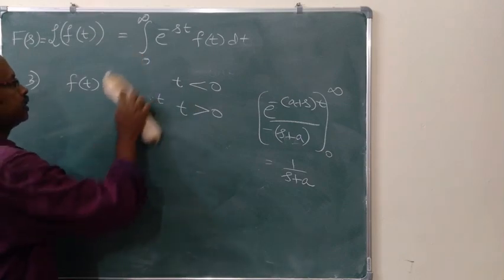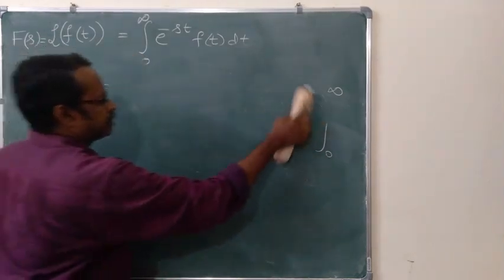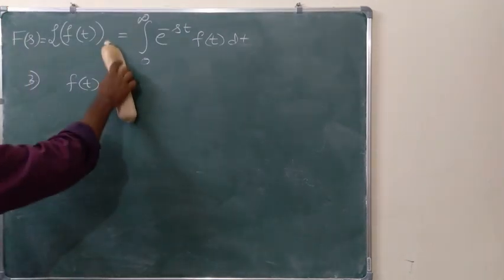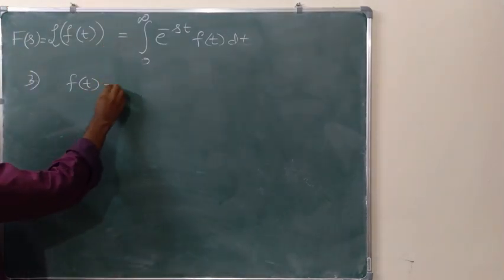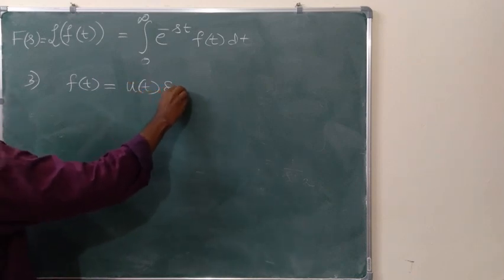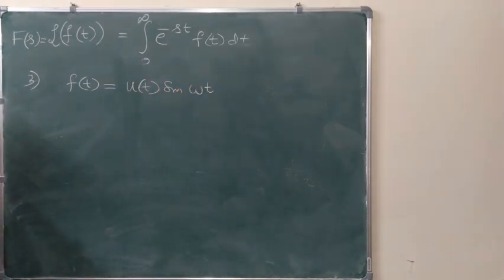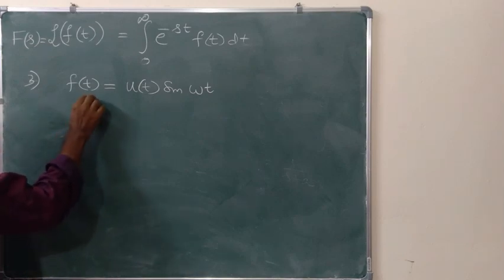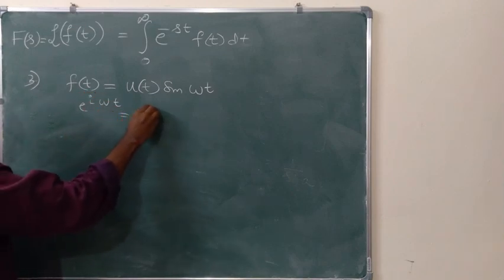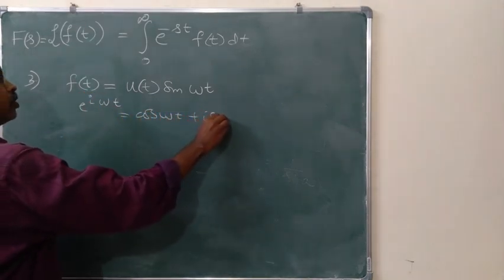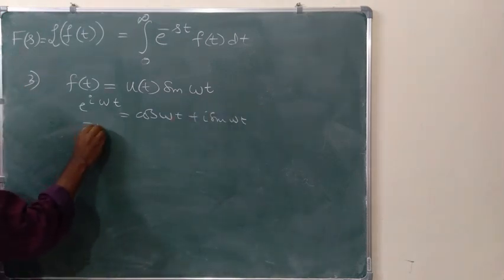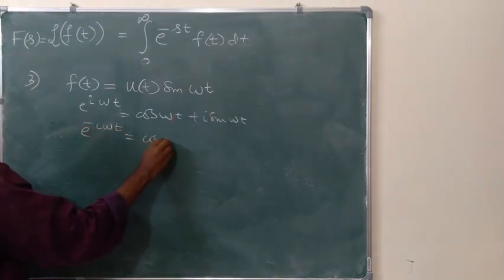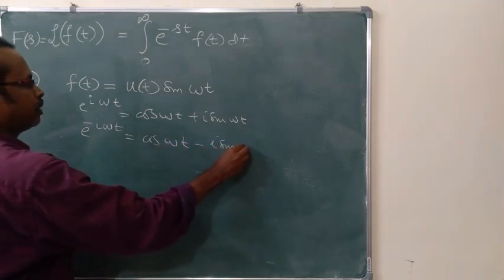Okay. The next function that we will consider is f(t) equal to u(t) sin omega t. Now we have a result that is called de Moivre's formula, which says e to the power i omega t is cos omega t plus i sin omega t. So e to the minus i omega t is cos omega t minus i sin omega t.